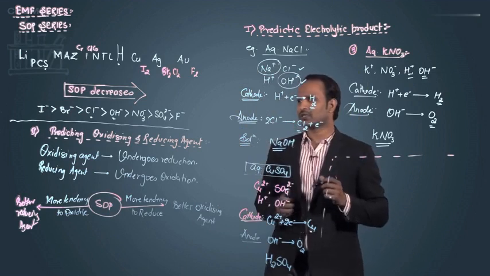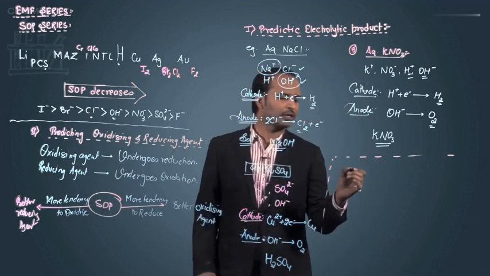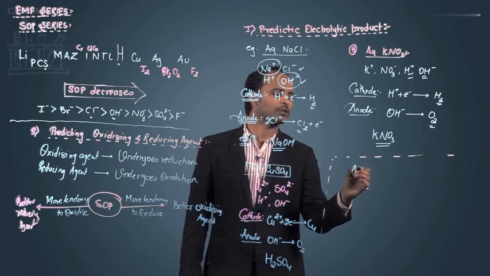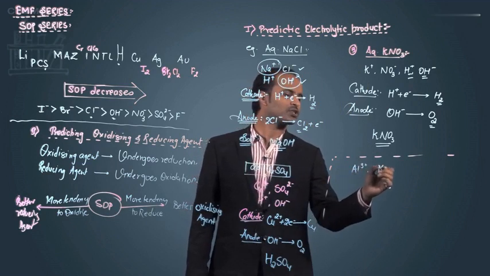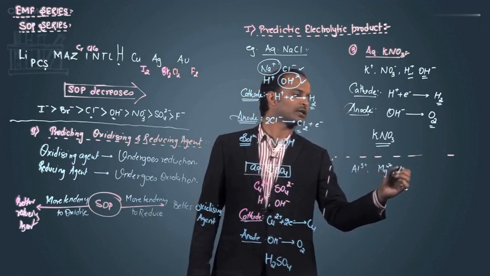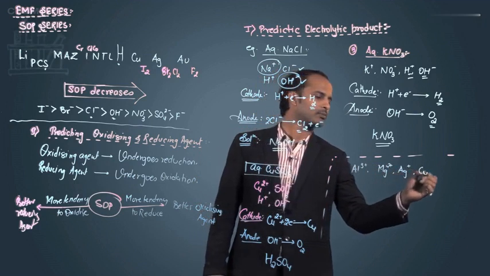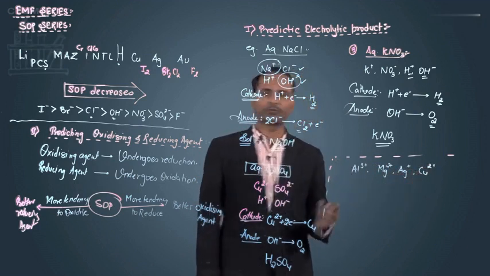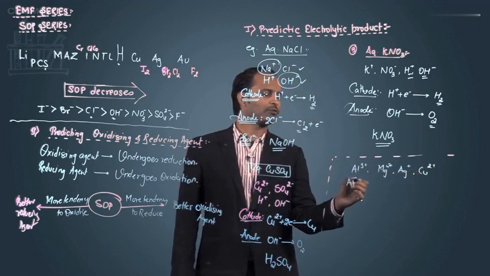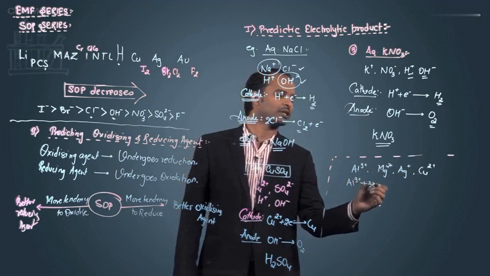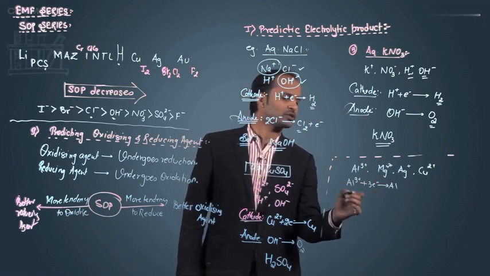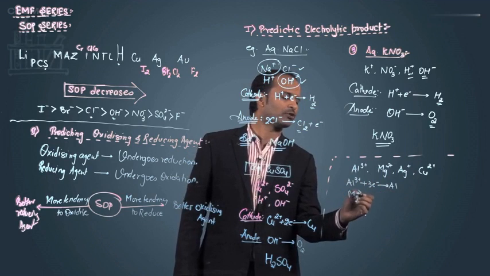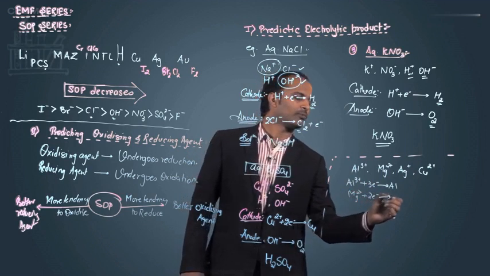For example, suppose I have 3-4 ions: aluminium 3 plus ion, magnesium, silver ion, and copper ions. Aluminium 3 plus, whenever it comes, will reduce: it will gain 3 electrons and produce aluminium. Magnesium 2 plus will gain 2 electrons and form magnesium.